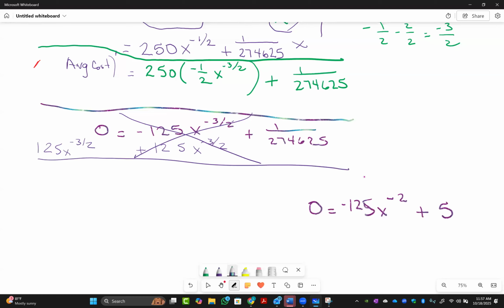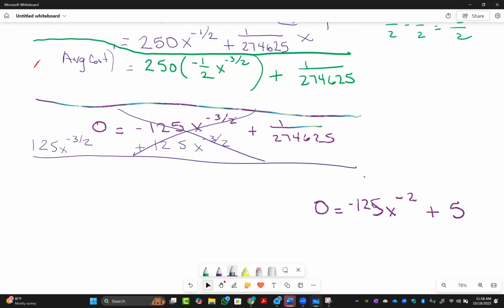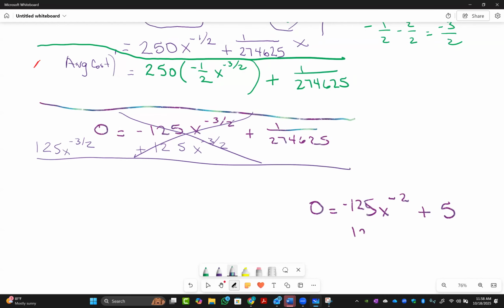So I would take 125 to the other side and make it positive. I'll add 125x on both sides. But what happened to the negative 2 power? I would have put the exponent as positive on the other side.